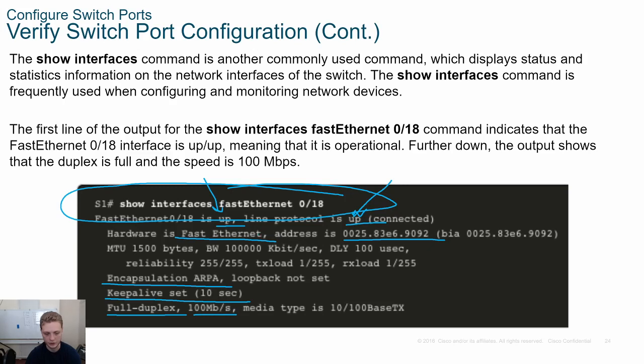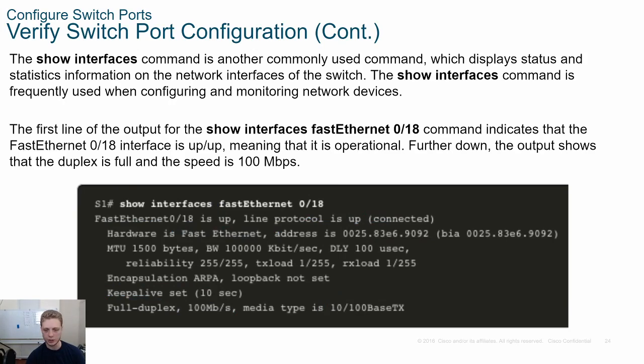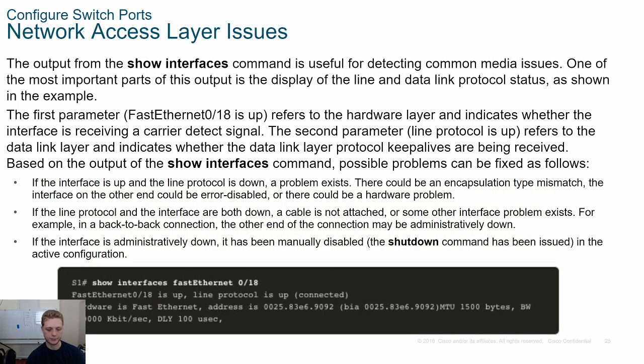Remember, we talked about Fast Ethernet here, and we have the option of 10 or 100 Base-TX. And by the way, TX means that it is a copper port. Just FYI, it's a good little note to have.